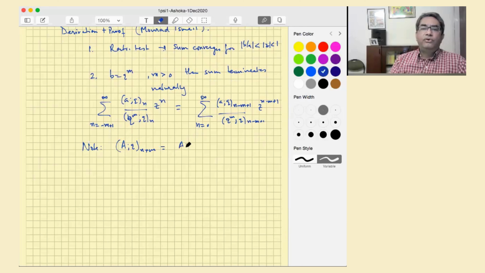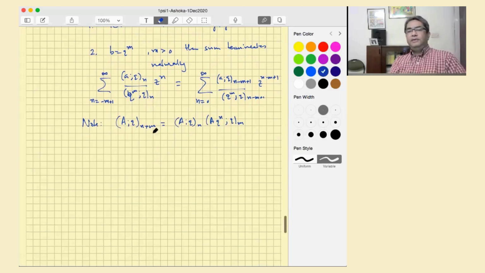This is true for all integers n and m. I can just split the sum in some sense. For n and m positive, it's very easy to see, but otherwise it's just a ratio of infinite products. And then if I do that over here, I'll get some factors outside.